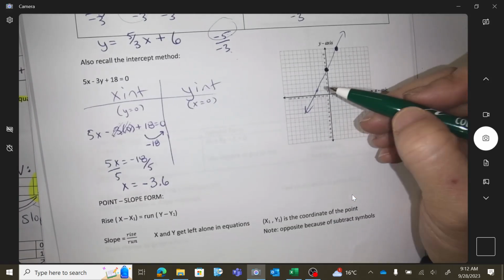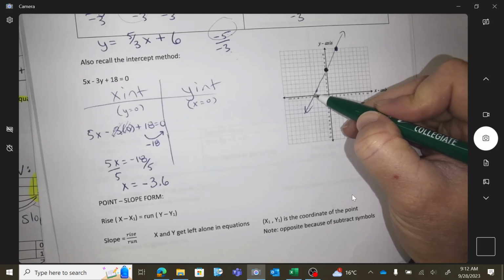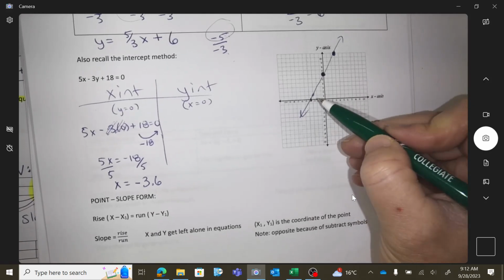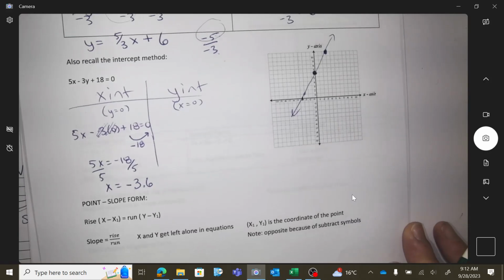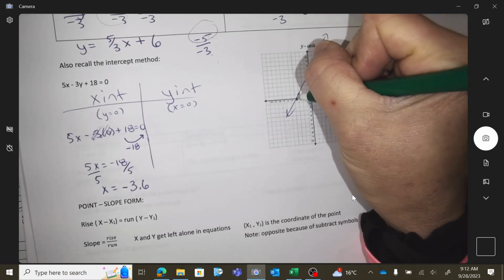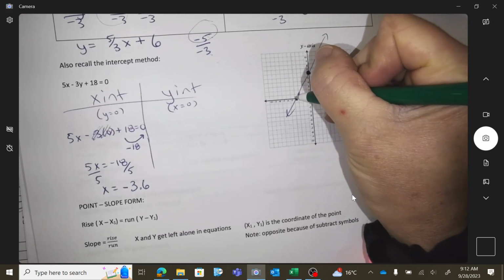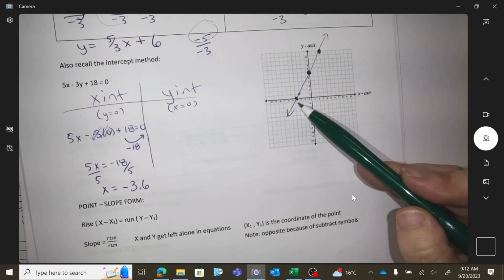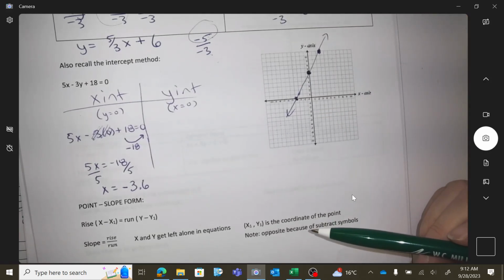Would negative 3.6 make sense on my picture? It would cross right about there. Yep, that totally makes sense.